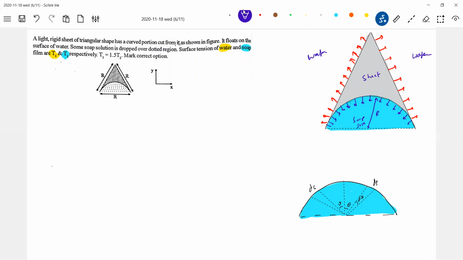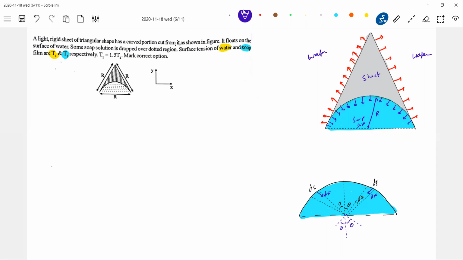So here the force will be df. This is df. So if you further extend this line, so resultant force, how should it be? Vertically down. Resultant force should be vertically down.